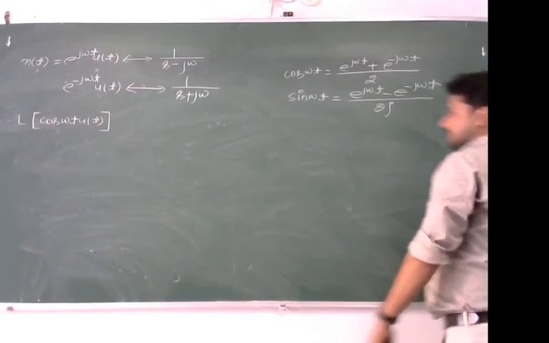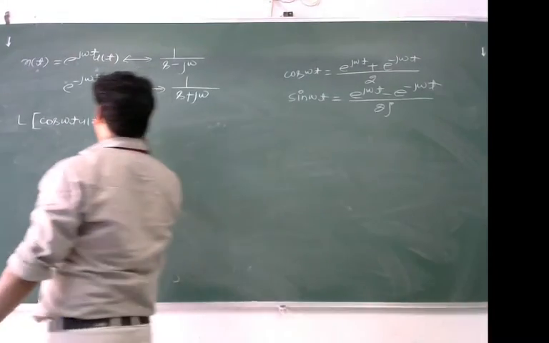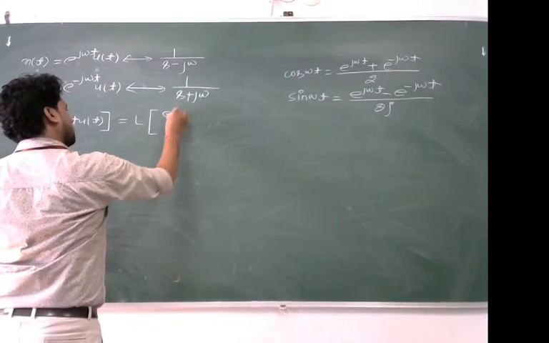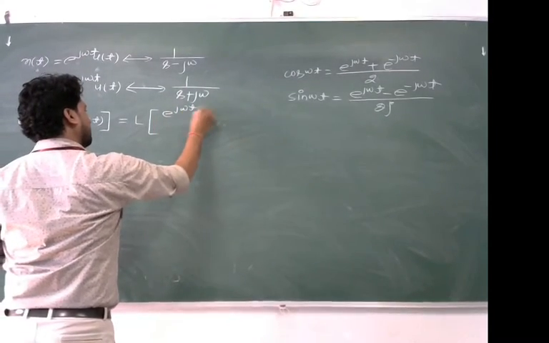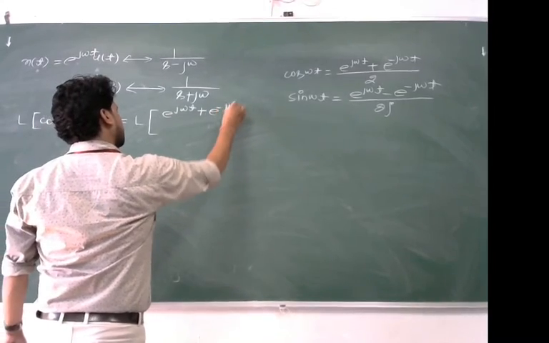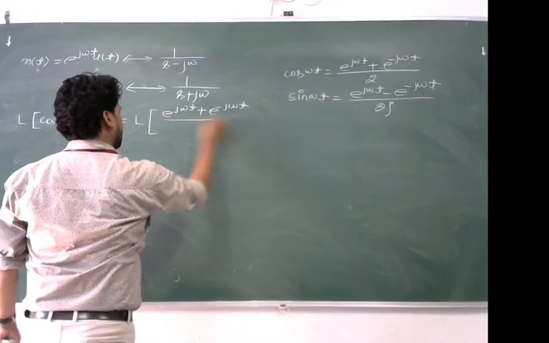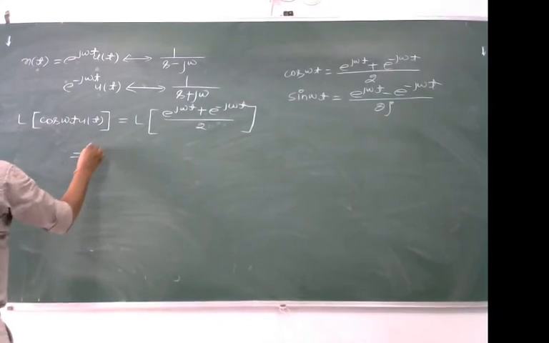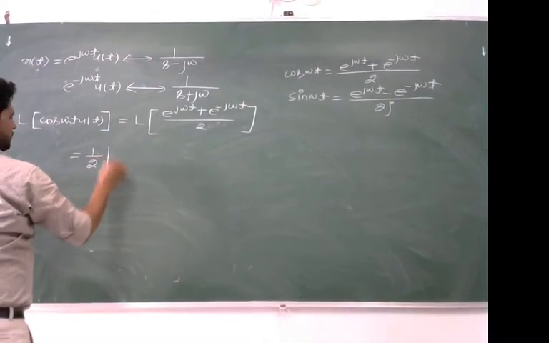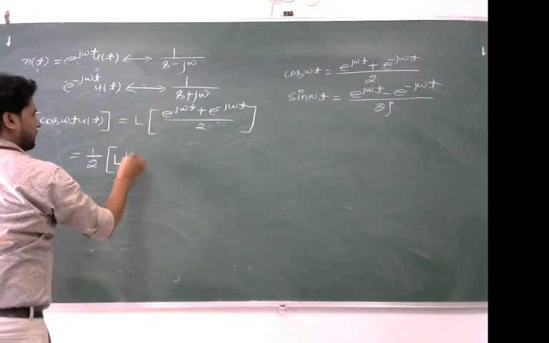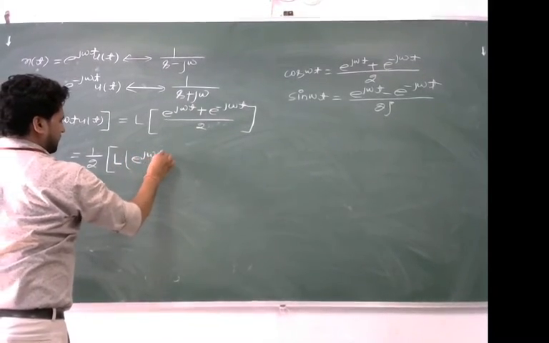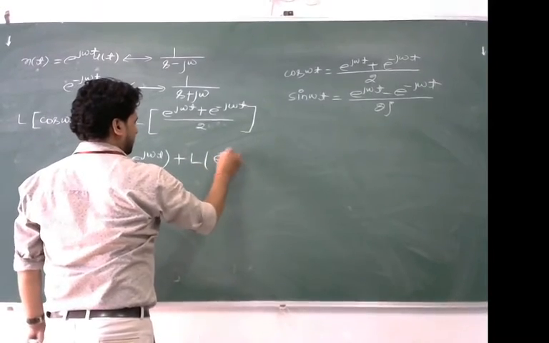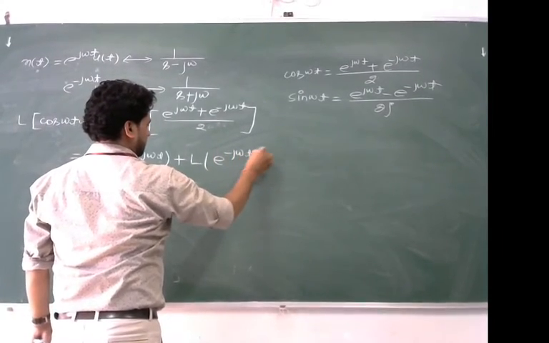So the Laplace transform of cos of omega t will be equal to Laplace transform of e power j omega t plus e power minus j omega t divided by 2, or this can be written as 1 by 2 times the Laplace transform of e power j omega t plus the Laplace transform of e power minus j omega t.